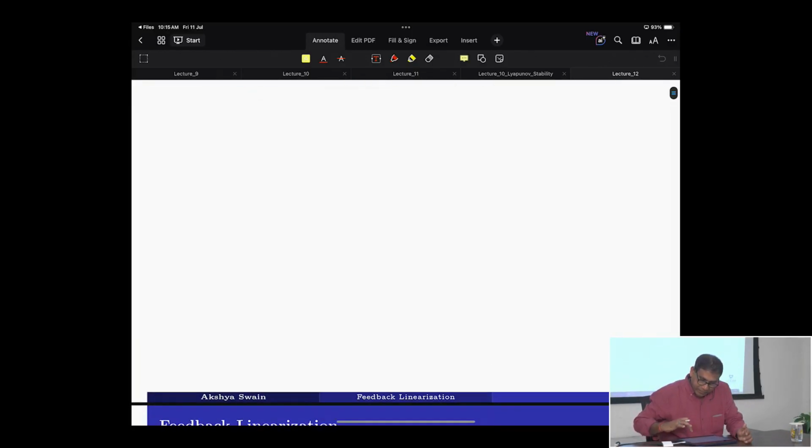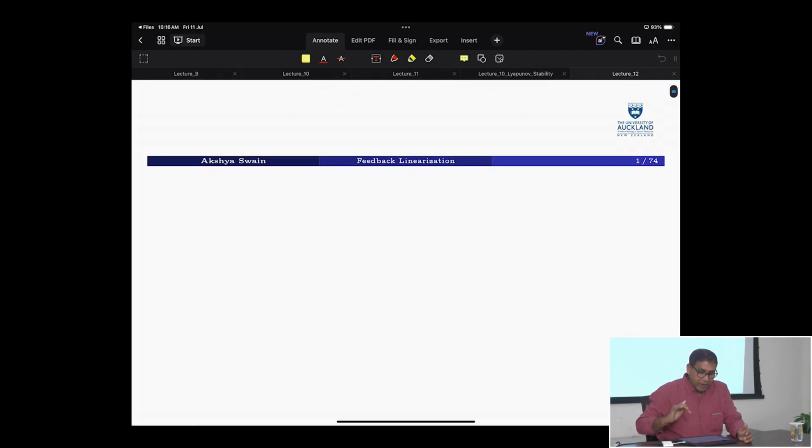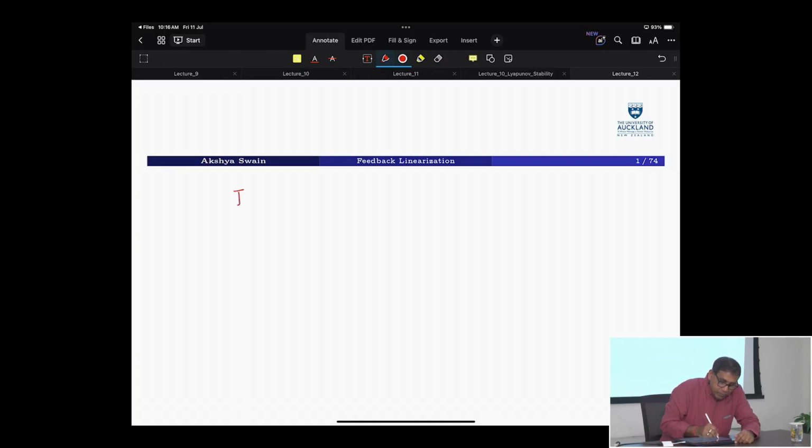Feedback linearization. There is one thing that is called the Jacobian linearization. The linearization which you are talking about in general is essentially Jacobian linearization. x dot is equal to f(x).